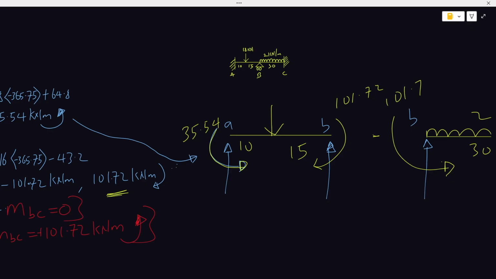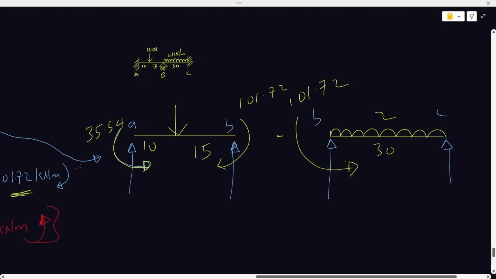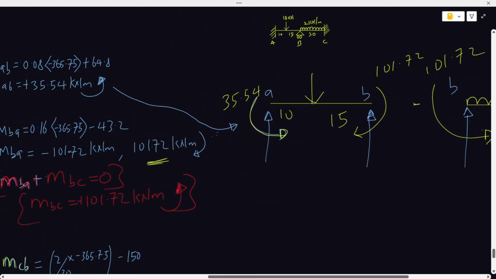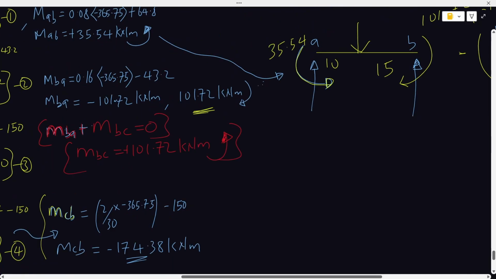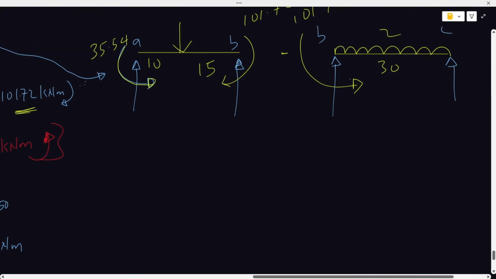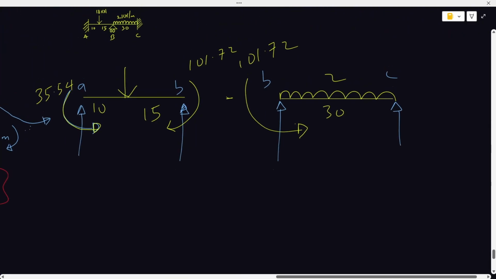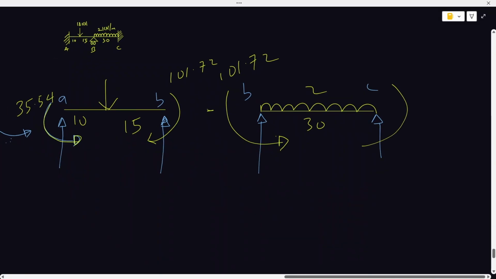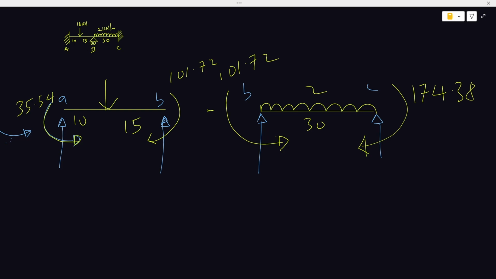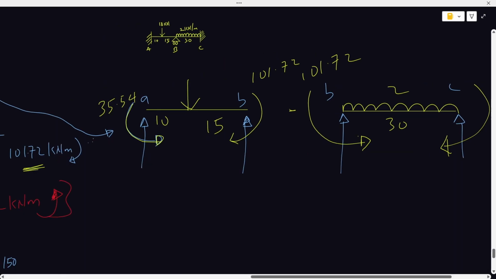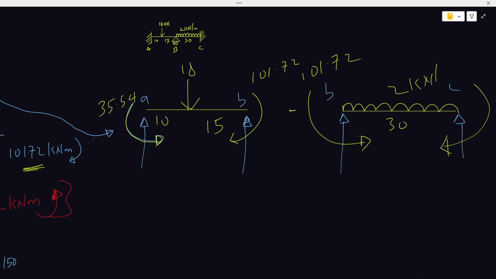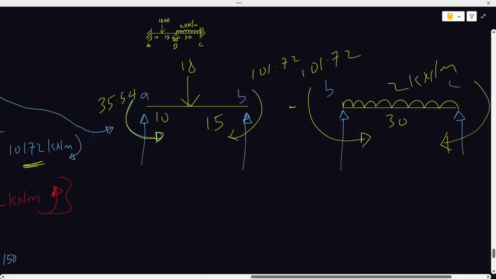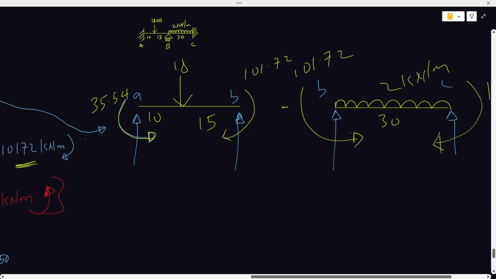In fact, the moment at that area will just be 101.72, so you can just put a single 101.72. So MCB would be minus 174.38, which is equivalent to a clockwise moment of 174.38 kilonewton meter. So this is the guy that we're dealing with.